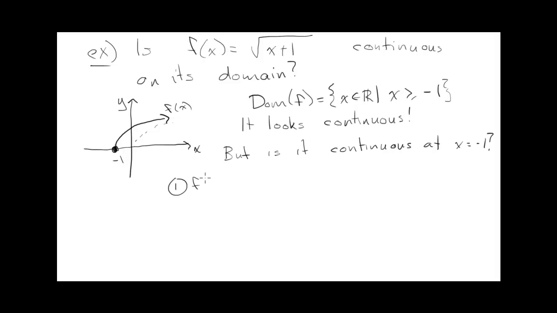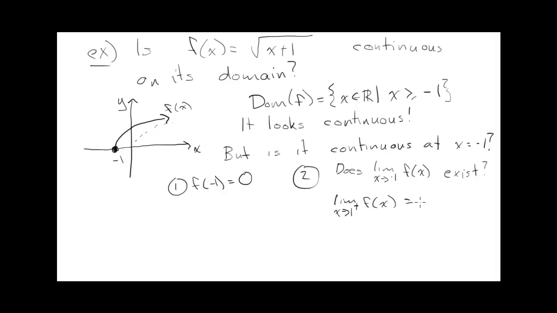First criteria is f(-1) has to exist. And does it exist? Yeah, it exists. It's 0. The second criteria is, does the limit as x goes to -1 of f(x) exist? And here you might be saying, uh-oh, because clearly our right limit exists. The limit as x goes to -1 from the right of f(x) equals 0, but what about the left limit?